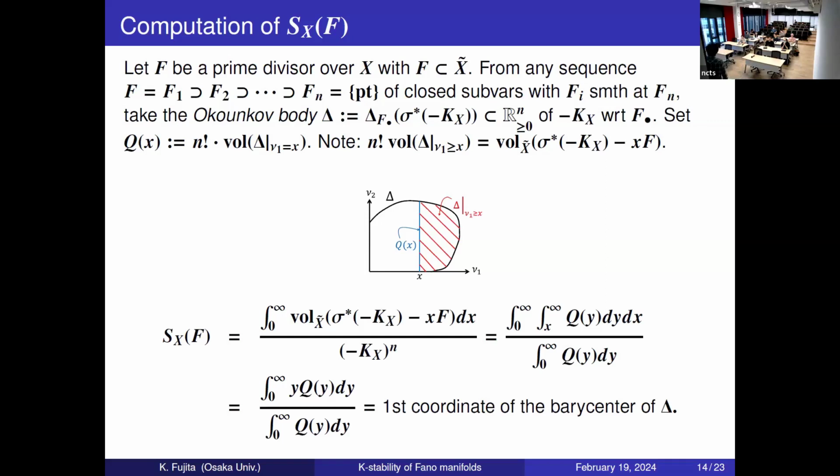And as I explained, this volume is the red area. So the numerator is the integration from x to infinity of the restricted volume Qx, and the denominator is the same integration from 0 to infinity.